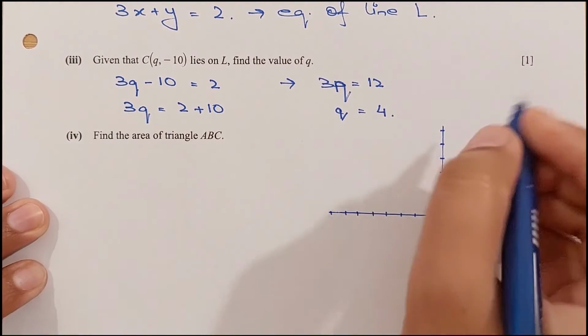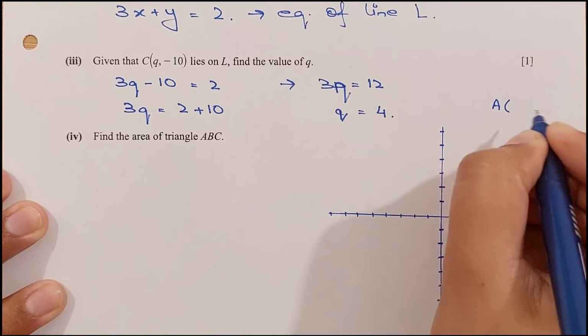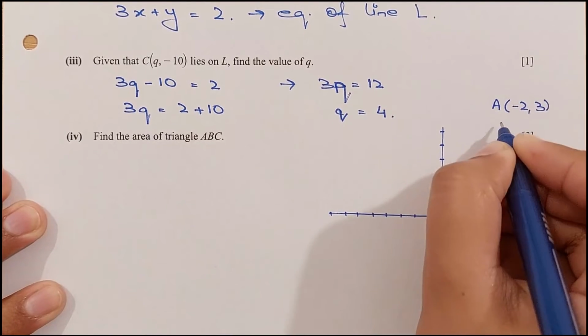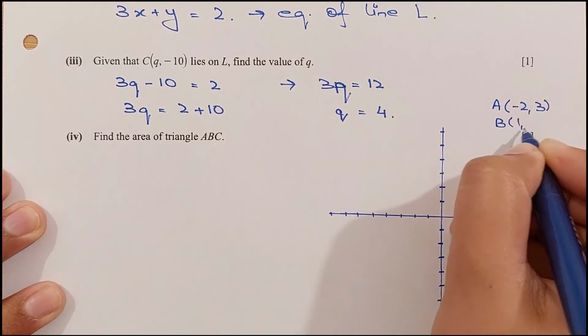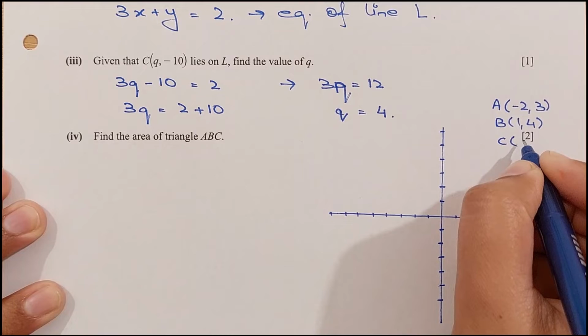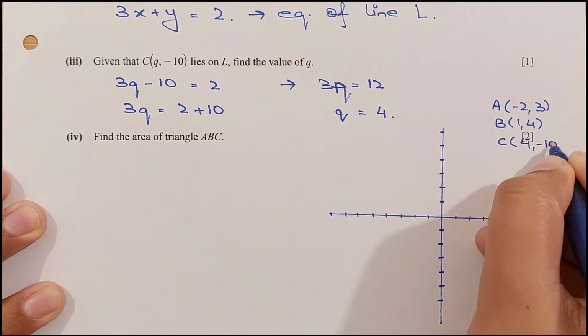The coordinates of A are P and 3, so P is minus 2 and y is 3. For B we have 1, 4, and C is Q, minus 10, so C is 4, minus 10.